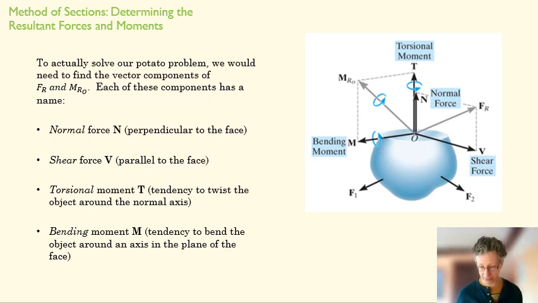And so you can see here that if we divide these into components, our bending moment, for instance, is going to have two components if we put this in a Cartesian system. So we're going to have two bending moments, potentially two shear forces, right? Again, if we have a Cartesian coordinate system here, and then one torsional moment and one normal force. So those are 6 components of our resultant loadings that we can name here at any given section.